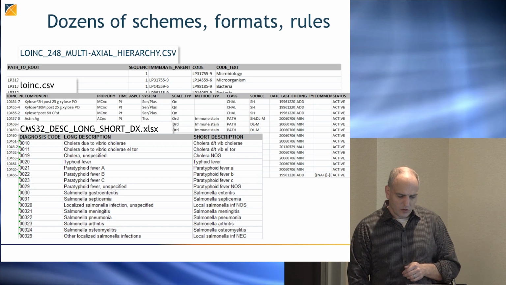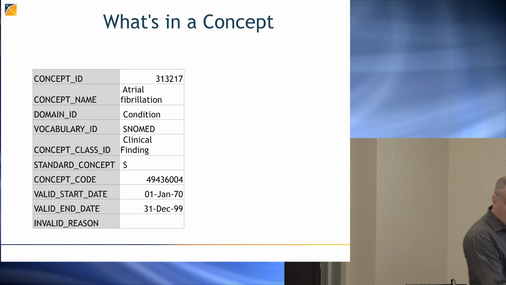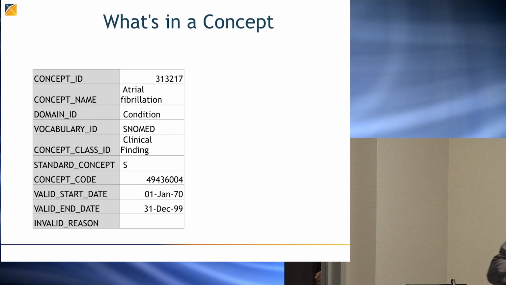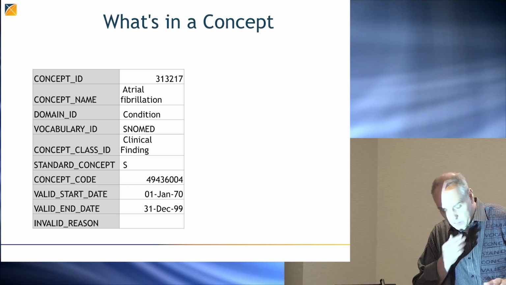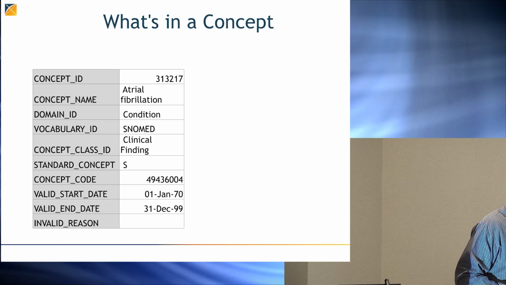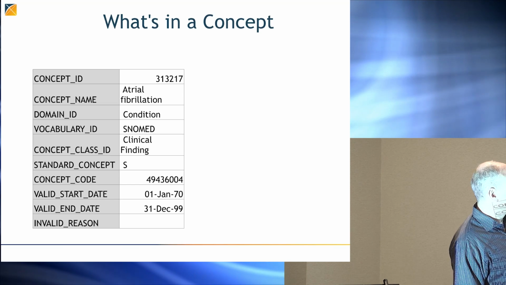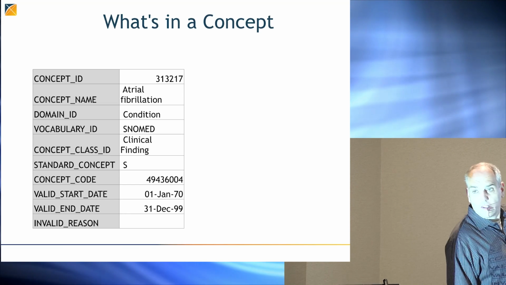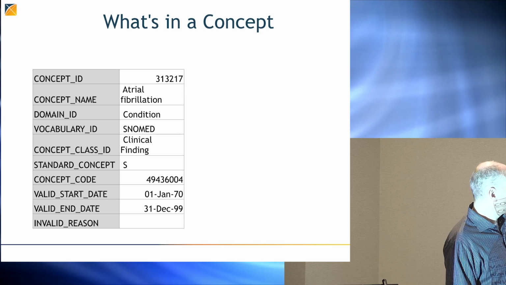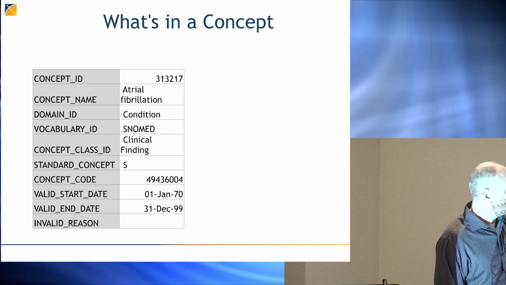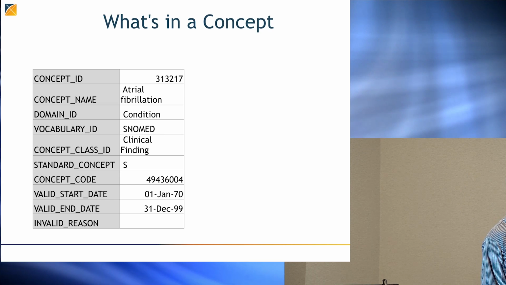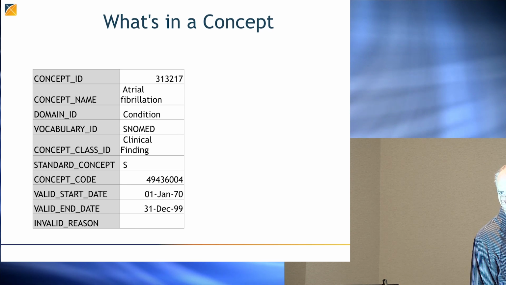Okay. So let's take a look at one concept. All these different entities from all these different vocabularies that different people made and that we now use look the same. And it's not a lot. Concept ID, that's a foreign key. 313217 is atrial fibrillation.